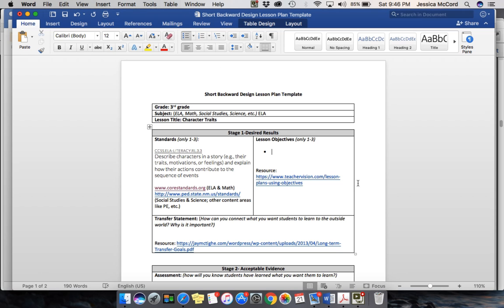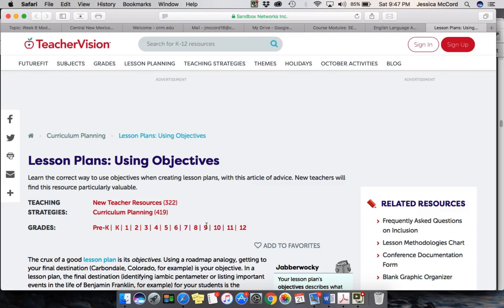So lesson objective needs to include a noun and a verb that describe what it is you want your students to learn. So I have provided this resource here that gives you kind of an overview of how to write good lesson objectives, and then they give you good verbs.